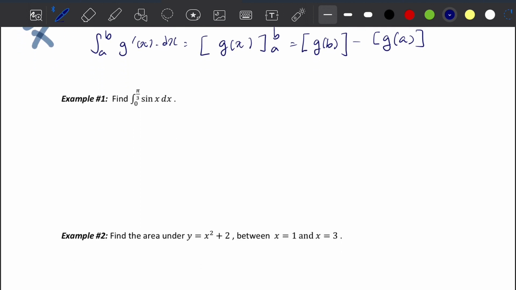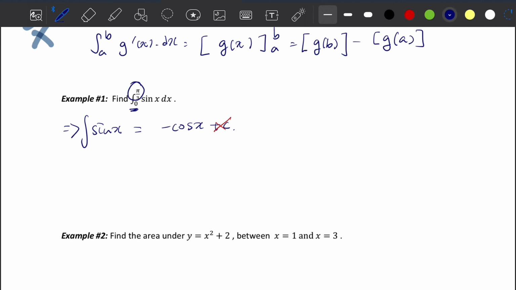We need to find this integral where the x value is from 0 to pi over 3, and we need to integrate sine x dx. First, when you integrate sine x, it becomes negative cosine x plus c. However, for the purpose of this example, we will ignore plus c for now.